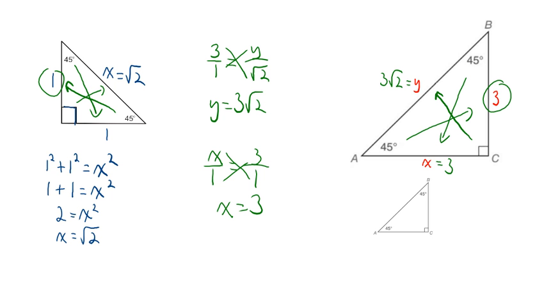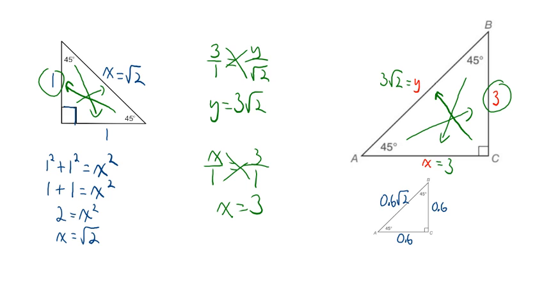Do I have to set up a proportion? No, I don't. If this leg is 0.6, and I know I have a 45-45-90 triangle, the other leg is also 0.6, and the hypotenuse is 0.6 times the square root of 2.